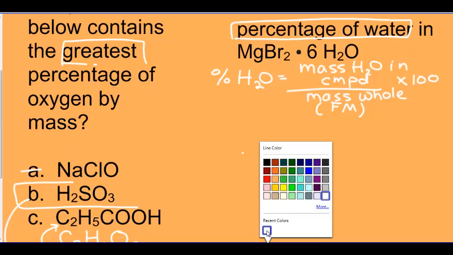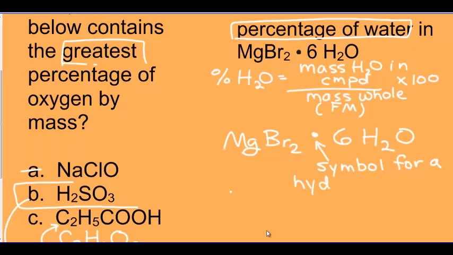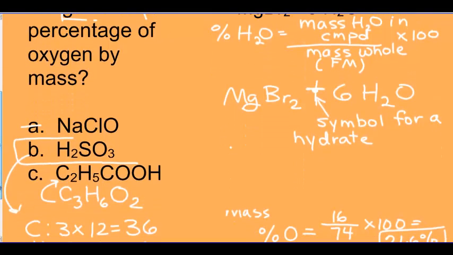So we have MgBr2·6H2O. Remember, the dot is the symbol for a hydrate, and it really just means attached. It doesn't mean multiply, so just change it to a plus. It's like that with that attached. So we list our elements.